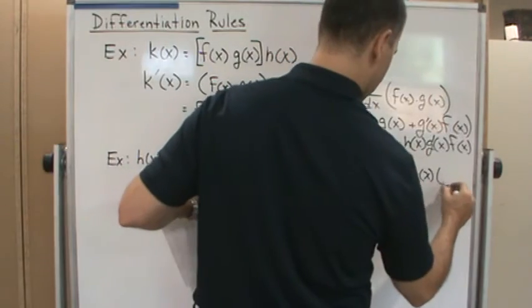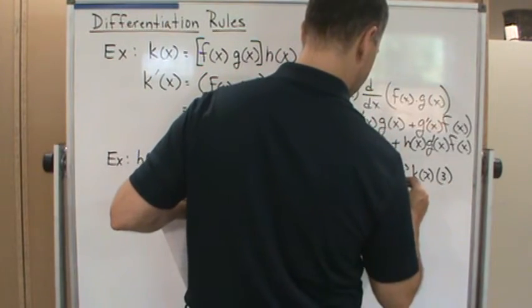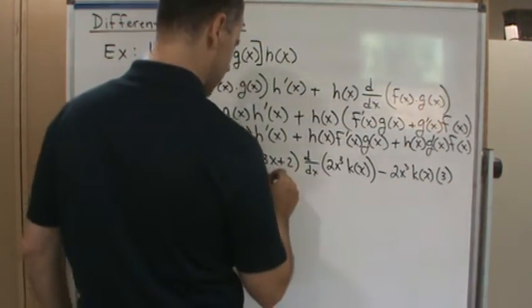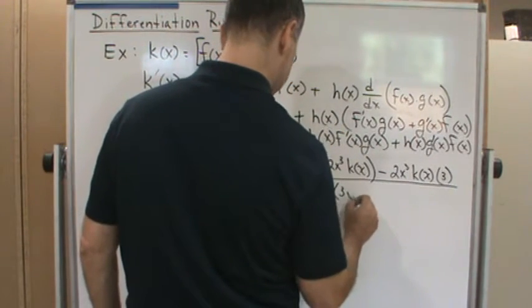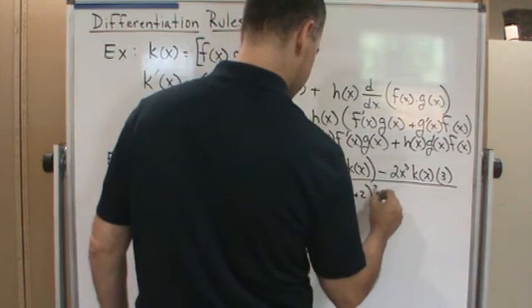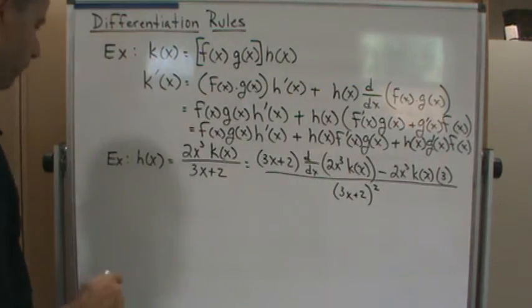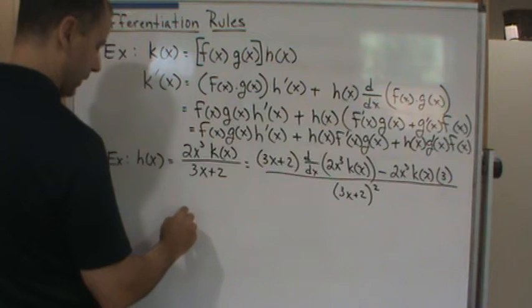So we're just going to multiply that by 3. Okay? And then divided by the bottom squared. And again, I'm just going to leave it as a square. I'm not going to expand that out.